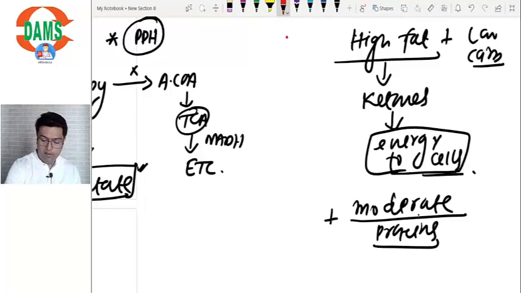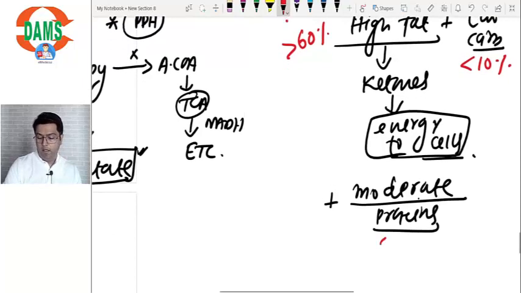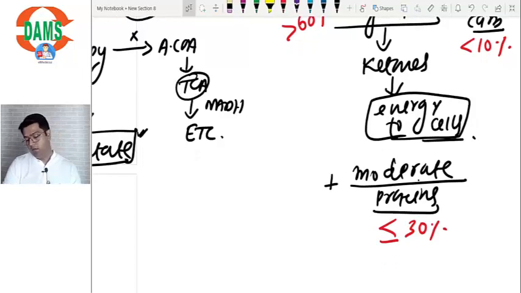If I take the percentage, fat should be around 60% or more. Carbs should be less than 10%, and protein should be around 30% or less than that, let's say 20 to 30%. So guys, why are we giving some proteins?